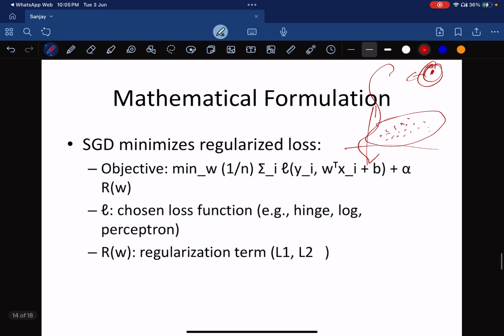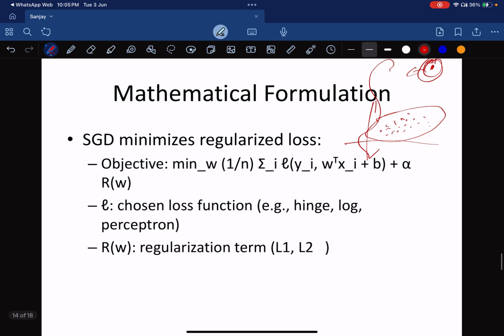We can call this function the loss function, sorry, the cost function or objective function. These functions are used by SGD to minimize the regularized loss. L is chosen as a loss function like hinge loss, log loss, and perceptron loss.